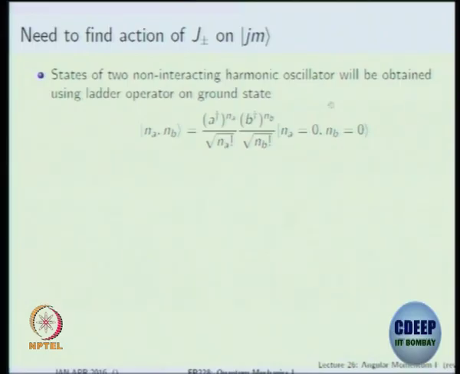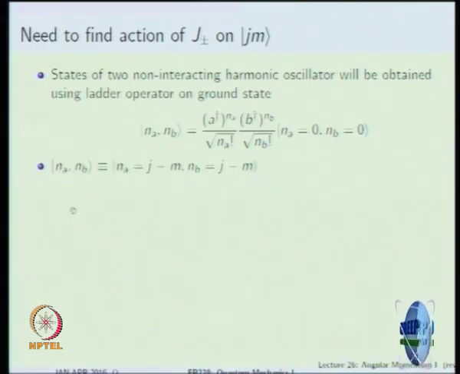So, this is an operator representation, or operator acting on vacuum, which will give you any arbitrary state of two independent harmonic oscillators. This is saying verbally what this mathematical equation means.